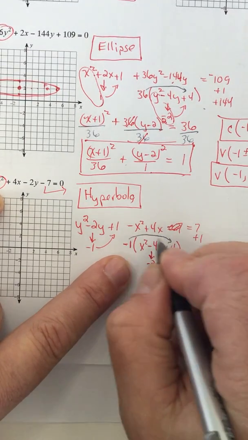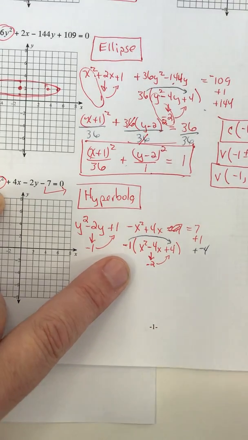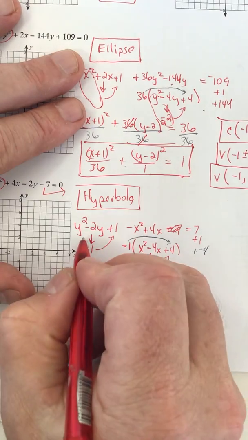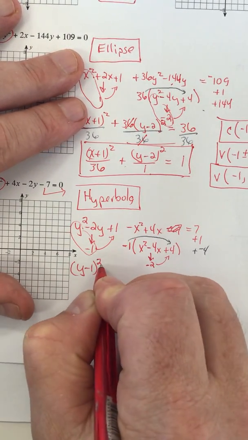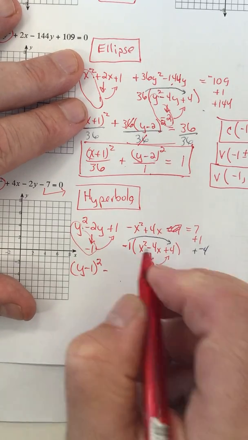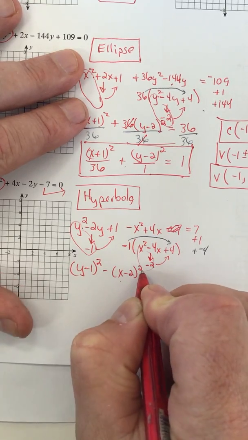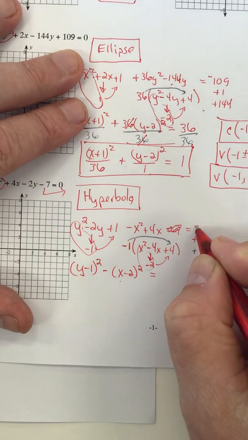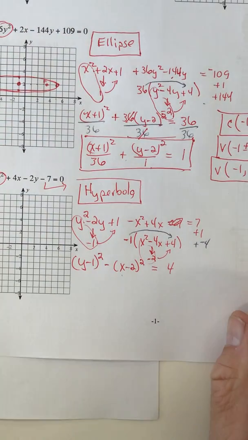So I added -4 over here, so I'll add -4 over there. Okay, we got her completed. There we go. Y minus 1 all squared, and then I got this -1, so minus, and then here's the rest of it. X minus 2 all squared equals 7 plus 1 is 8 minus 4, so it equals 4.